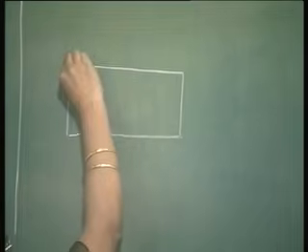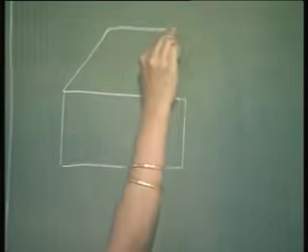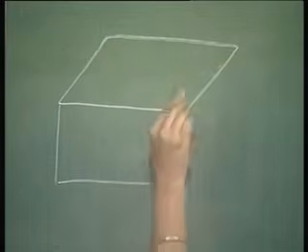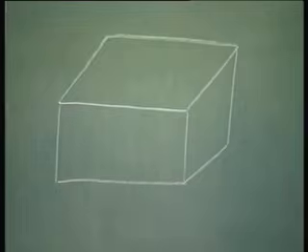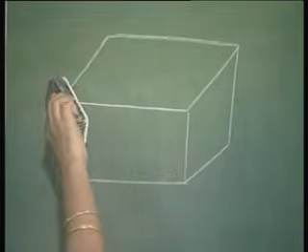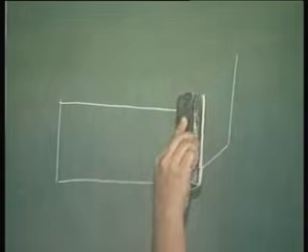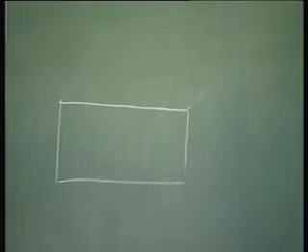See, the 3-dimensional picture would have been like this. This is the block, this is a 3-dimensional view, and if I take a knife and cut a cross section, then it is going to look like this. Clear?